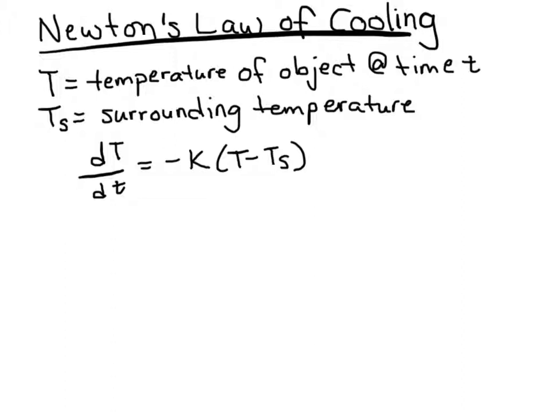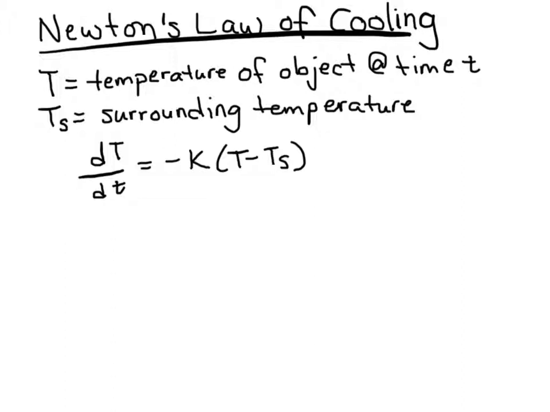So we're going to let capital T be the temperature of an object at some time lowercase t. And then capital T sub s will be the surrounding temperature. We're going to say that the rate that the temperature changes with respect to time is equal to negative k times T minus Ts. So the difference between the temperature of the object and the temperature of the surrounding area.